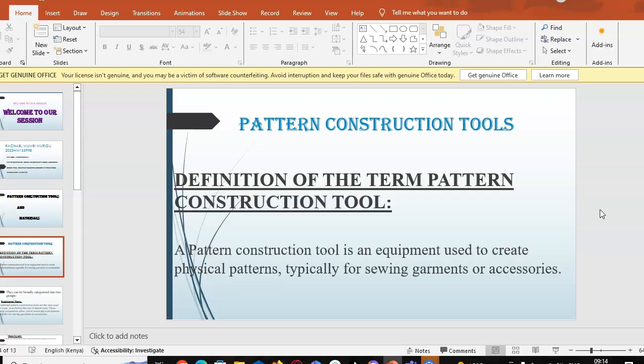Samantha Keino, please read for us. A pattern construction tool is an equipment used to create physical patterns, typically for sewing, garments, or accessories.